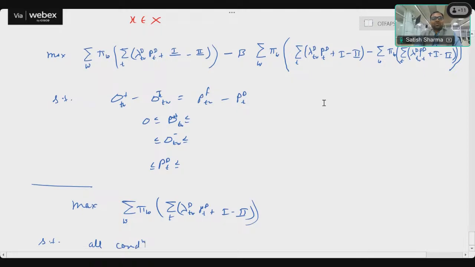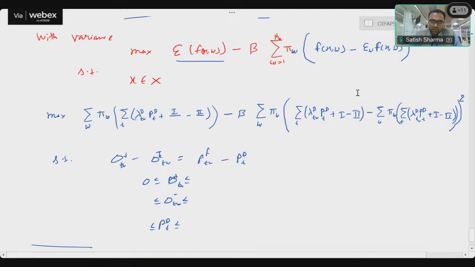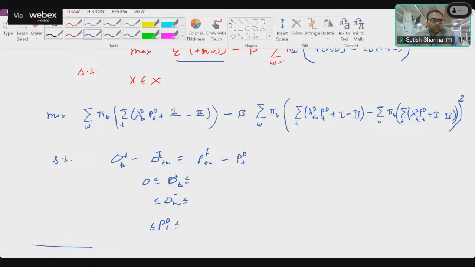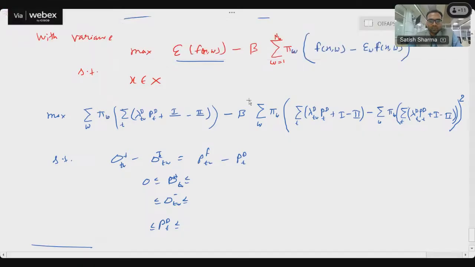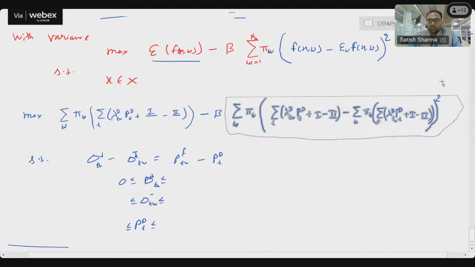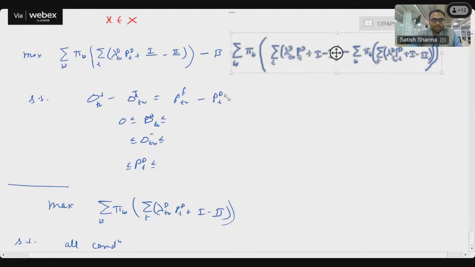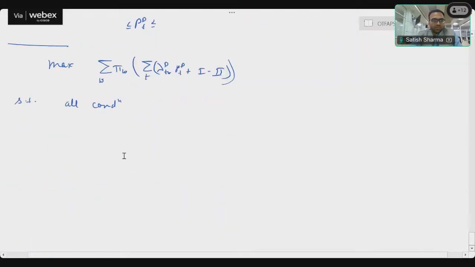Okay, so that term will be, let me copy it, it will be easier. Control C, and let me place it here.